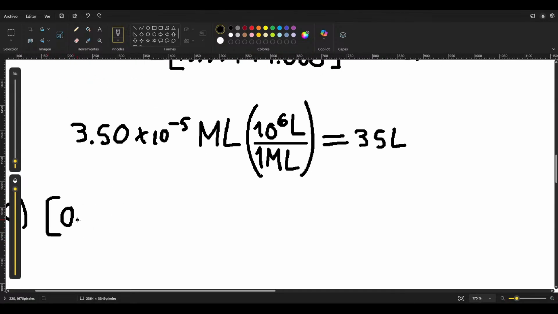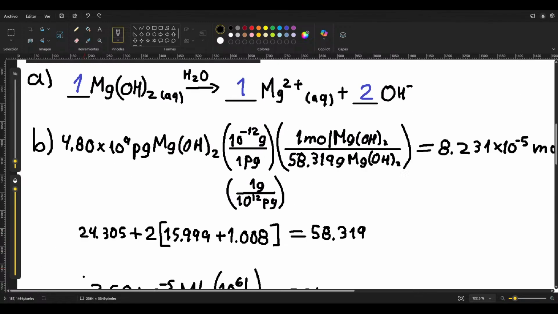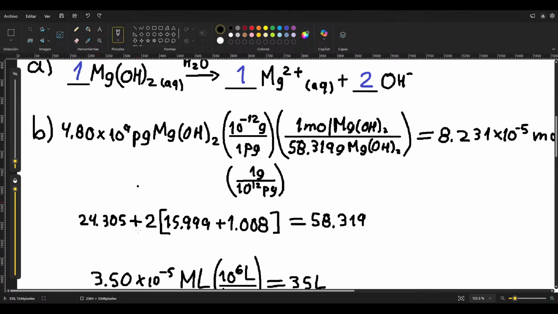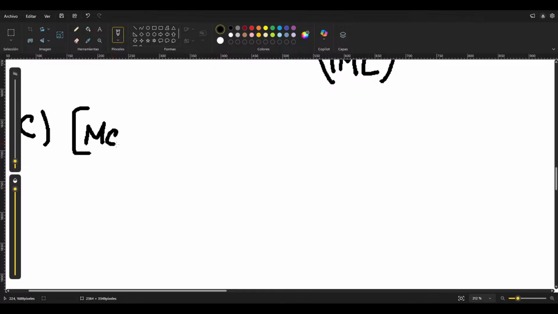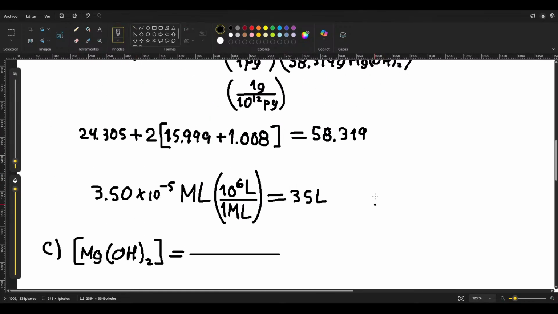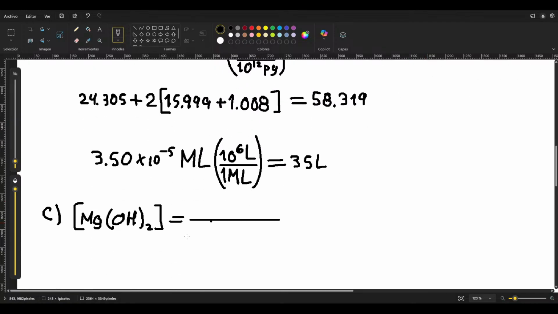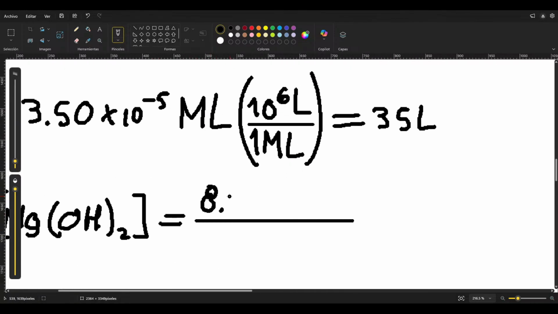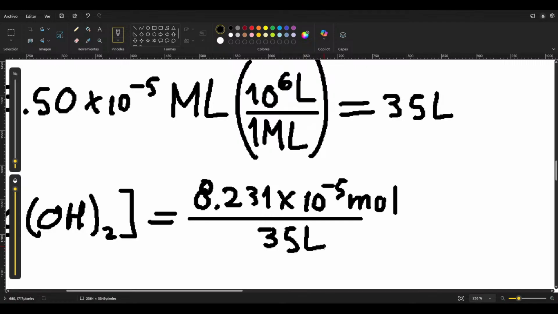Well, specifically, this is not gonna be OH yet. It's gonna be the concentration of magnesium hydroxide. It's gonna be this divided by 35 liters.